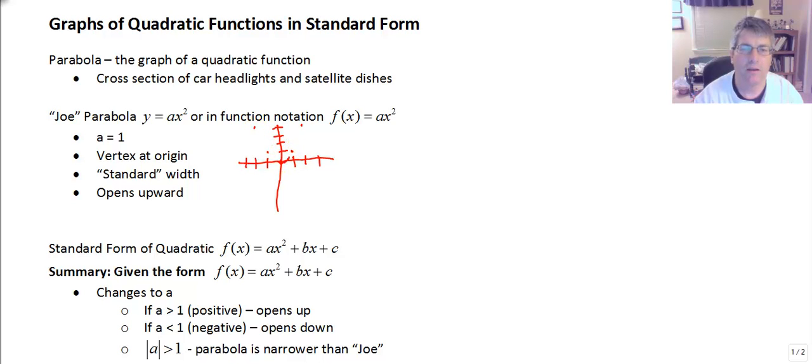You can see here our graph will be the same on the right as it is on the left of this line of symmetry. And in Joe parabola, our line of symmetry is just the y-axis. So there's Joe parabola. If we input 3, we would output 9. If we input negative 3, we'd output 9, and so on and so forth.